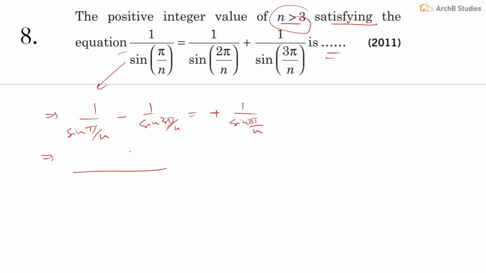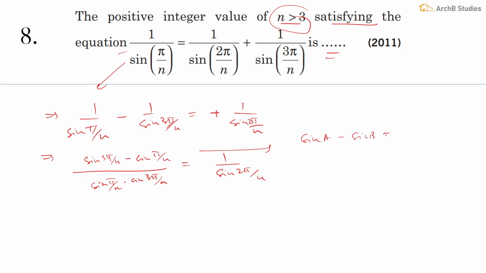Now taking the LCM, sine 3 pi upon n minus sine pi upon n equal to 1 upon sine 2 pi upon n. Now over here we will apply one formula, that is sine a minus sine b equal to 2 cos of a plus b upon 2 into sine of a minus b upon 2.